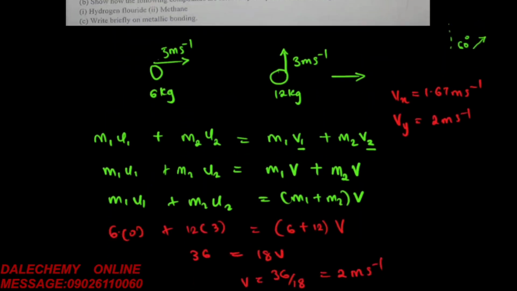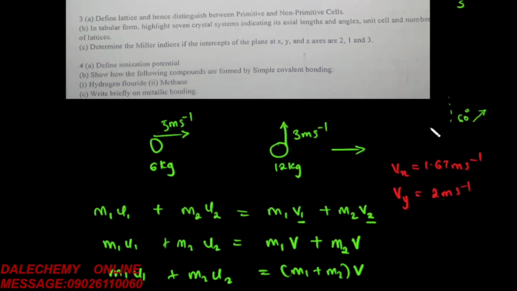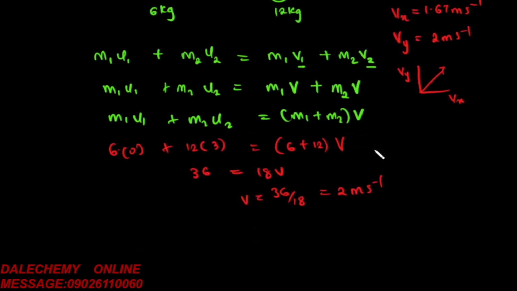Then we can get our velocity like that. Since the objects will stick together and move in this direction, our x and y, these are vy and these are vx. If you want to find that, we're going to use the Pythagoras theorem to solve that, the way we did it the other time. V squared will become vx squared plus vy squared. So v squared equal 1.67 squared plus 2 squared.